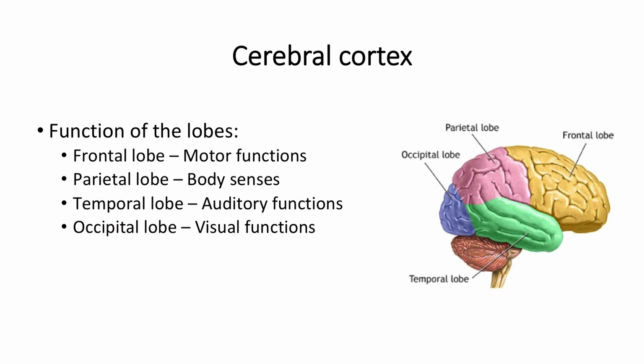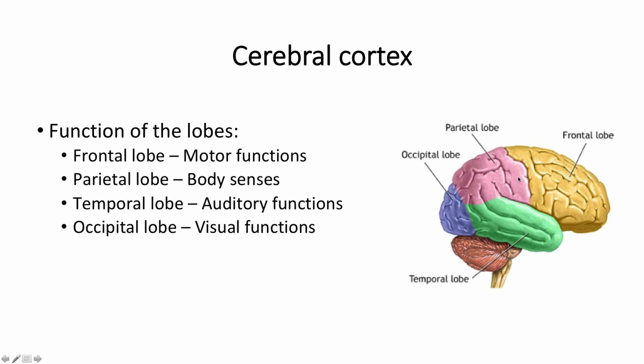Okay, so the cerebral cortex or the cerebrum can be split up into 4 lobes. We have the frontal lobe, which is important for motor functions. So the motor cortex or primary motor cortex is right here. We have the parietal lobe, which is important for somatosensation or somatosensory functions.